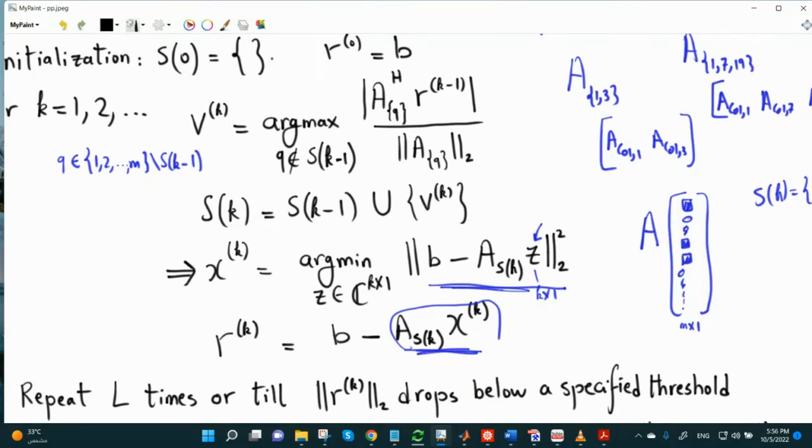So we minimize, again, if you want to represent b using k columns in matrix A. Here we are optimizing over the k coefficients that are needed so that we approximate b as A sub S of k times a k-dimensional vector, the k elements of vector z. And the optimal solution will be x of k.